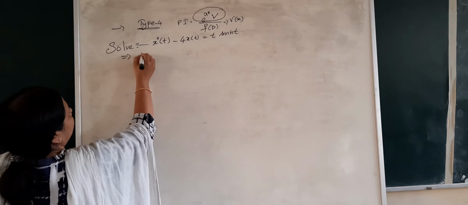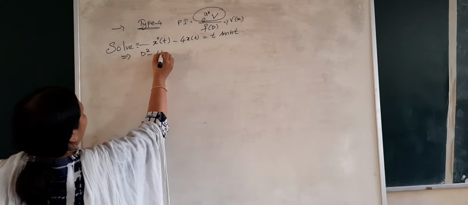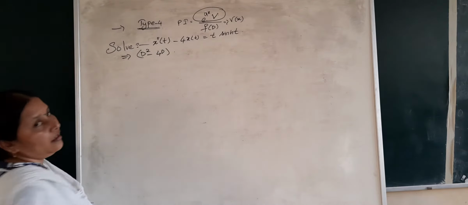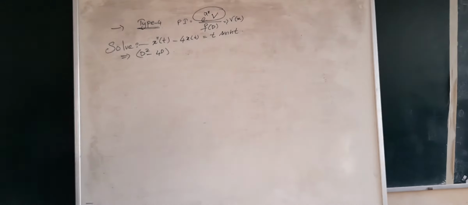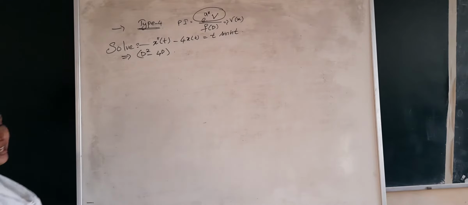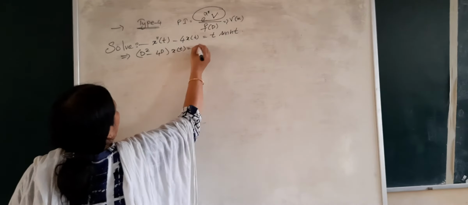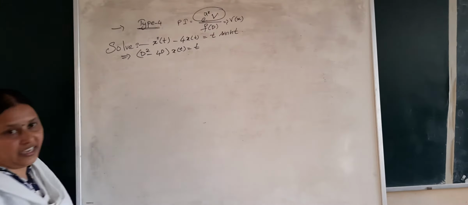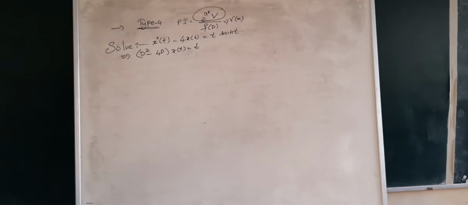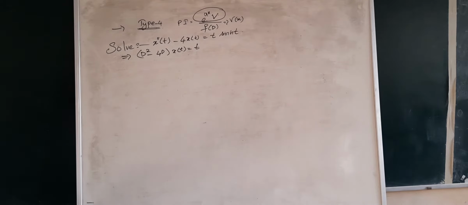So here D square minus 4 times x, where the independent variable is not y, instead it is t, and the dependent variable is x. Instead of sinh t, what can we write?